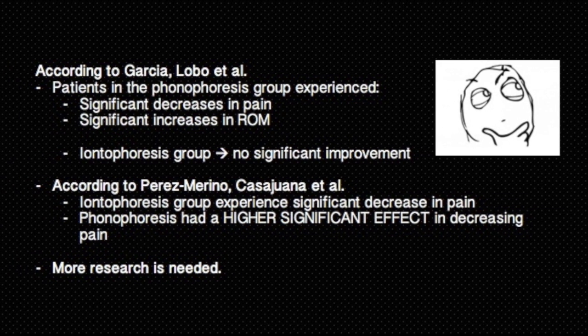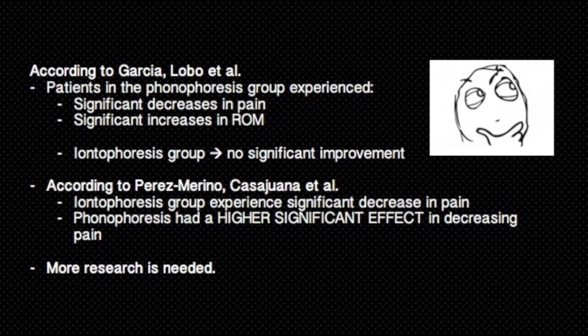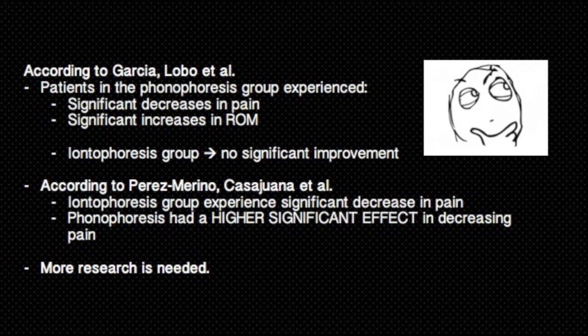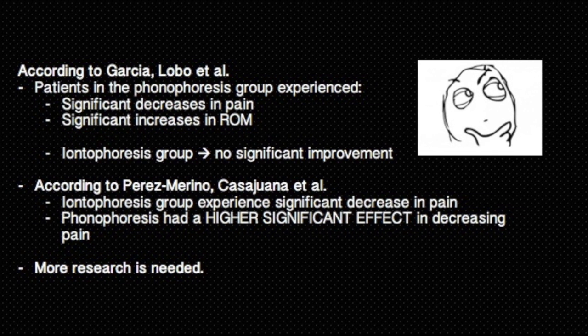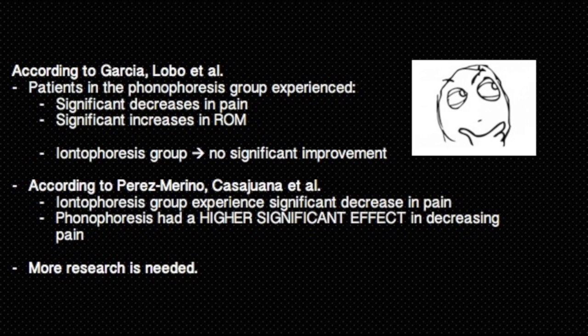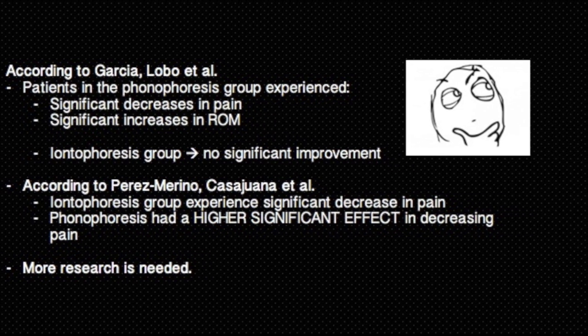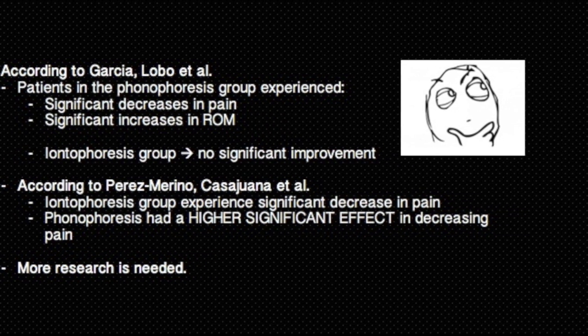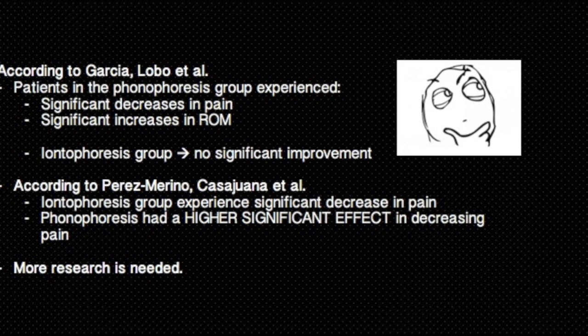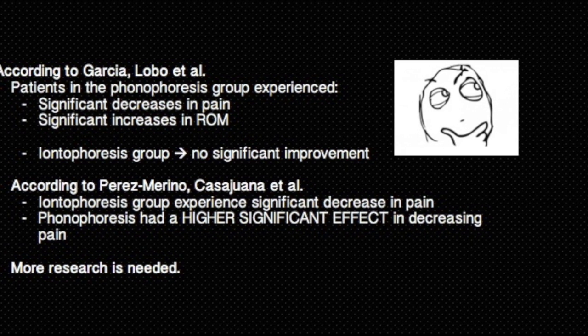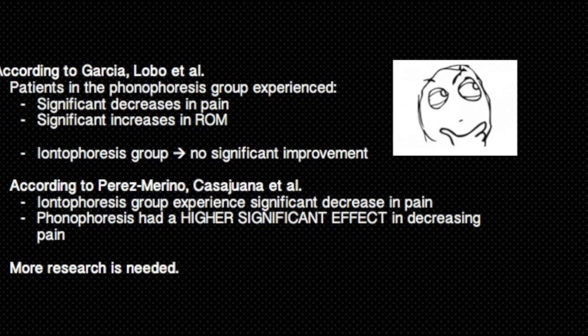Future studies can compare the effects of different medications used for iontophoresis on patients with shoulder impingement syndrome. Despite the conflicting conclusion on the effects of iontophoresis, both studies concluded that phonophoresis had a higher significant effect in decreasing pain on patients with shoulder impingement syndrome.